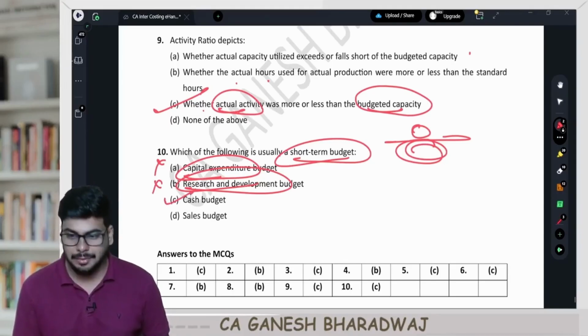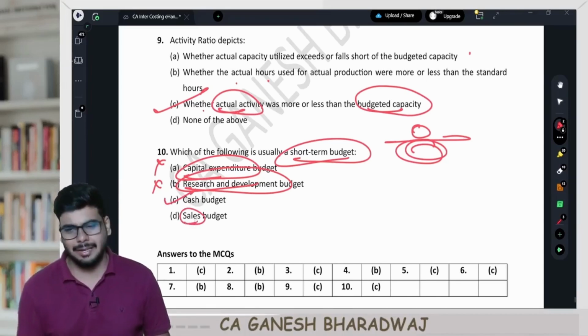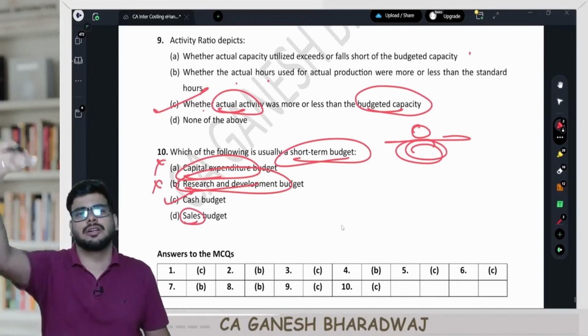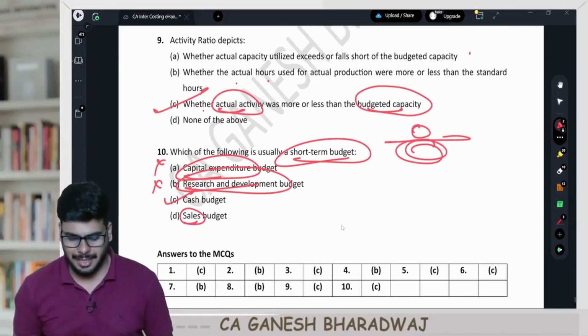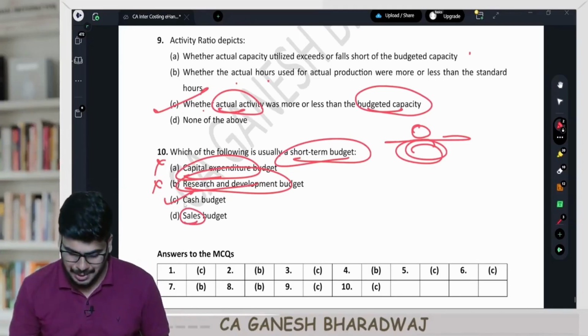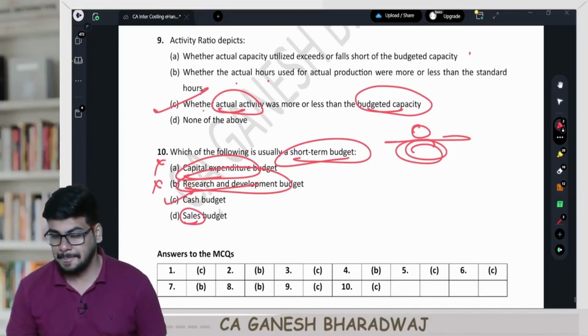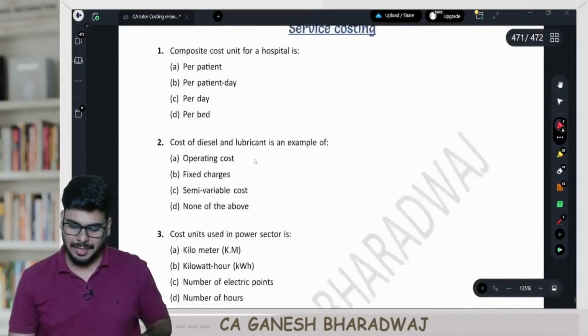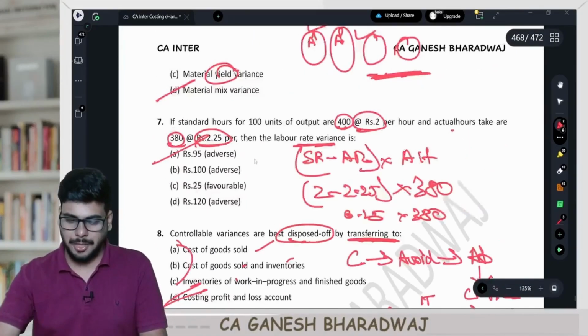Yes, definitely. Right? It's a short-term budget. Sales budget, at times, even sales can be projected for 3, 4, 5 years and all. But anyways, off the lot, it makes sense to call cash budget as a short-term budget. Clear with this, guys? Right? Fine. And that's about this particular chapter.